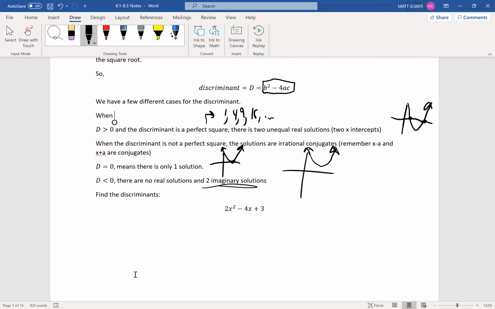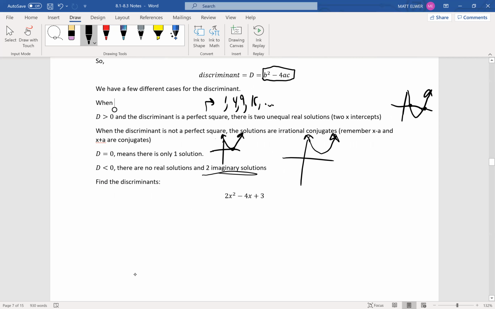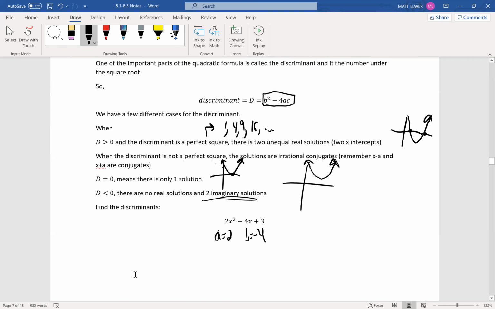Okay, so if we want to find the discriminant of this quadratic equation, we have to know what a, b, and c are equal to. Here a is equal to 2, b is equal to -4, and c is equal to 3.